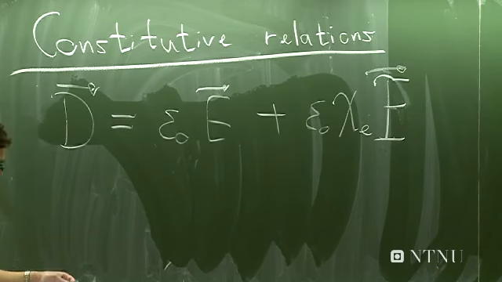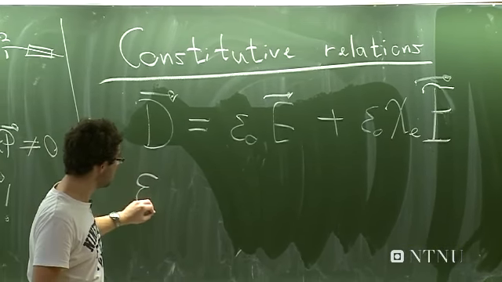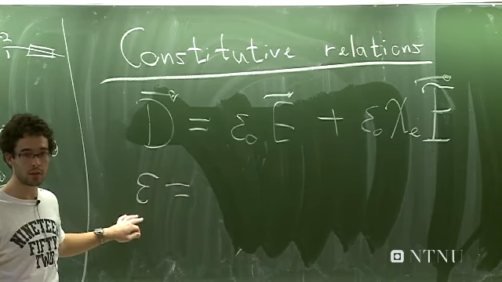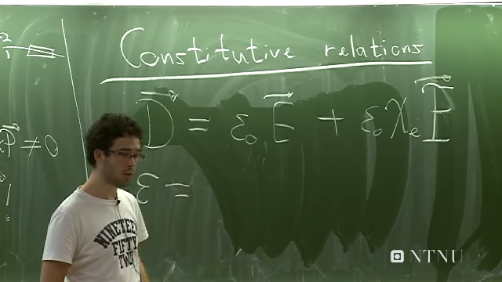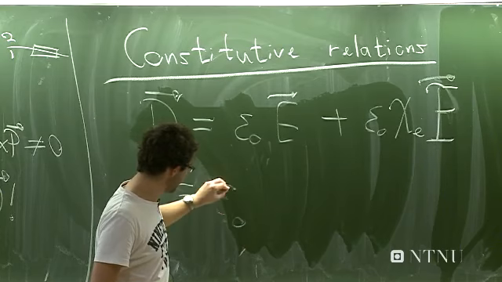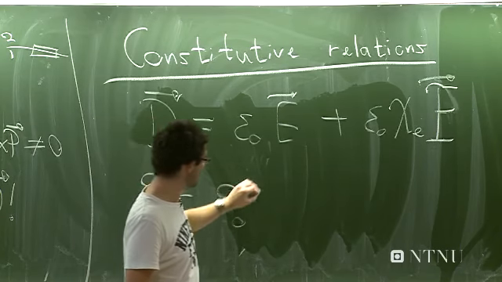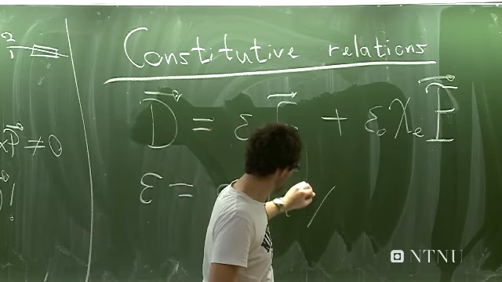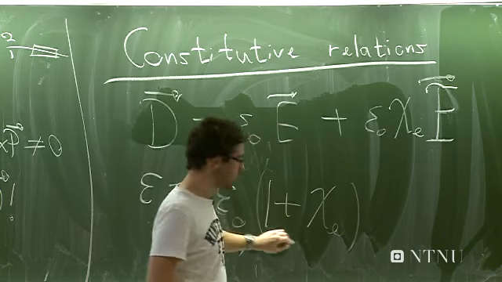Now, as you've noticed, epsilon, which is the dielectric constant of the medium, can be written as epsilon 0 times (1 plus chi E).